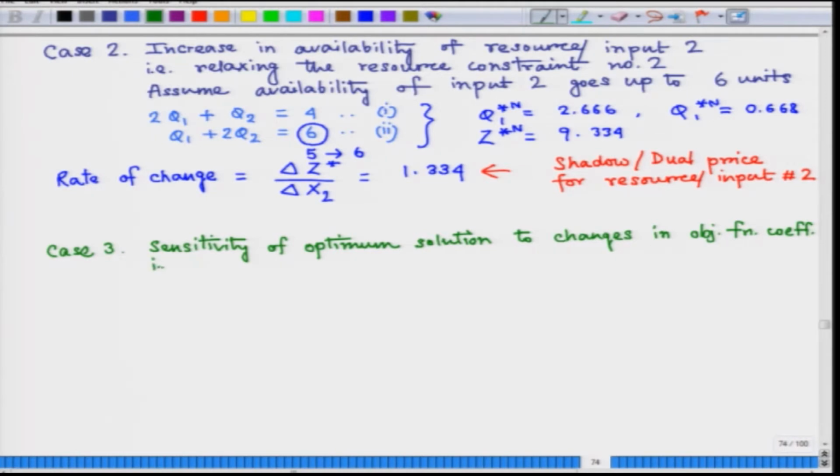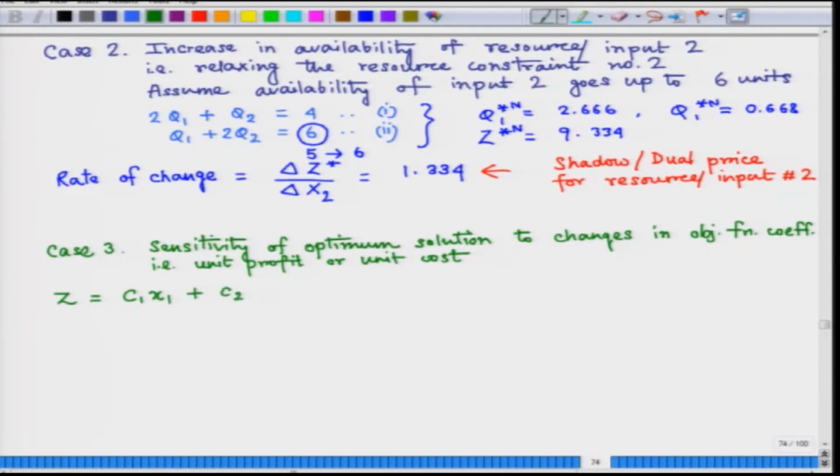It implies unit profit in the case of the primal problem or unit cost in the dual problem. So, basically we have to now talk about, suppose we have this maximization type objective function where we have this linear functional form.